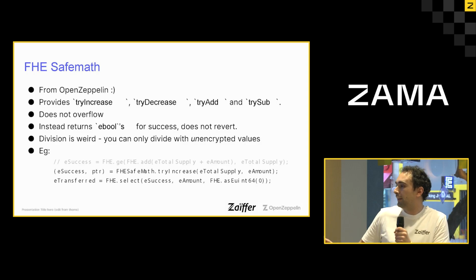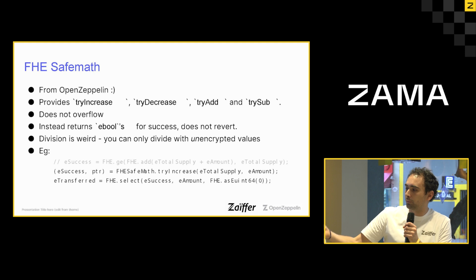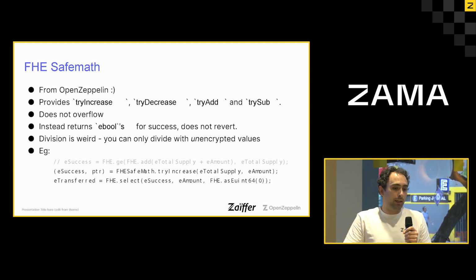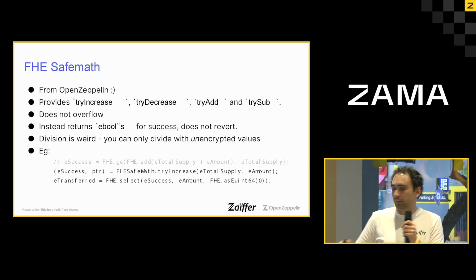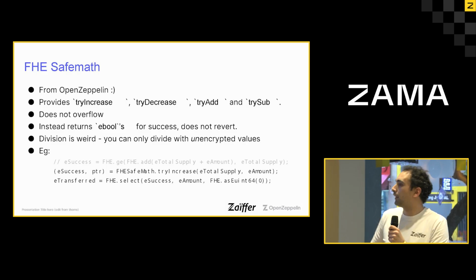So I'm using this special branching mechanism from FHE, where instead of using a regular if-else construct like I would in regular Solidity, I have to use a function that builds a symbolic execution tree of my calculation.